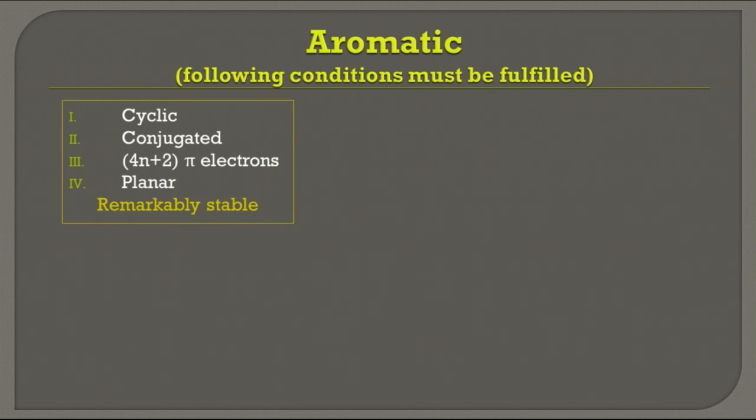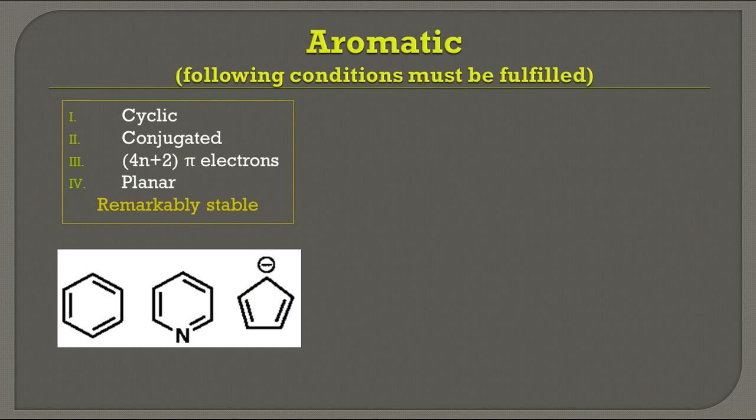When it is aromatic, these conditions must be fulfilled, that we have seen already. Now here we have these three molecules, all of them are aromatic. Benzene is very common, so I'm not going into that. For pyridine, let us see how the conjugation is going on, because it is cyclic, that is clear, it is planar.